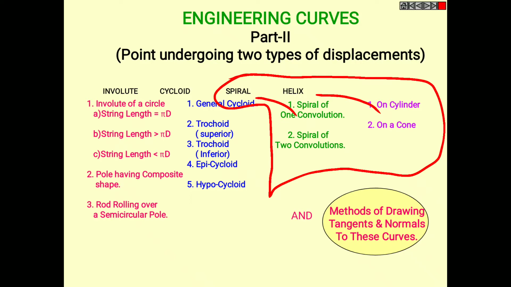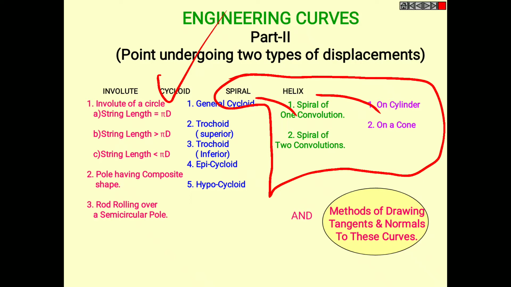In the previous class we have seen about the cycloid, with methods like general cycloid, trochoid (superior and inferior), epicycloid and hypocycloid. In today's session we will see how to draw a spiral and helix, and some methods of drawing tangents and normals to these curves.